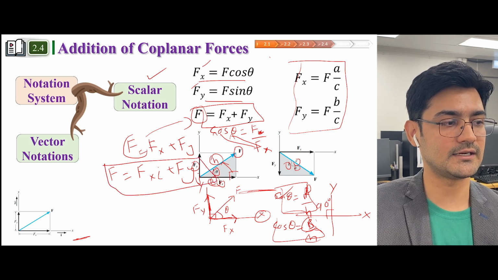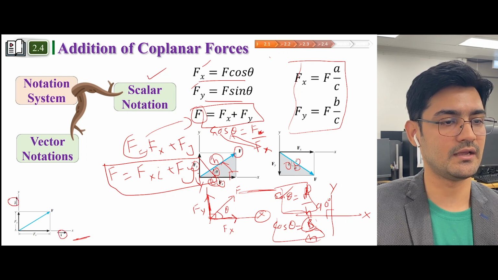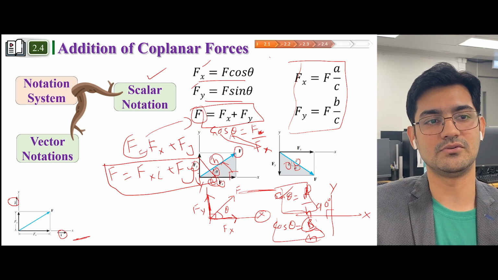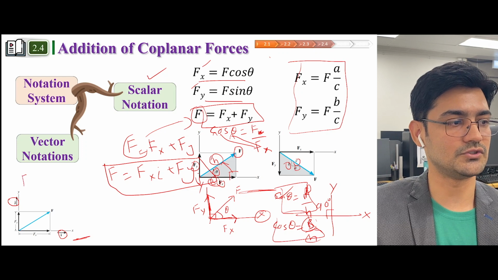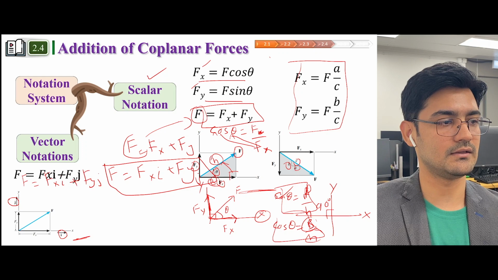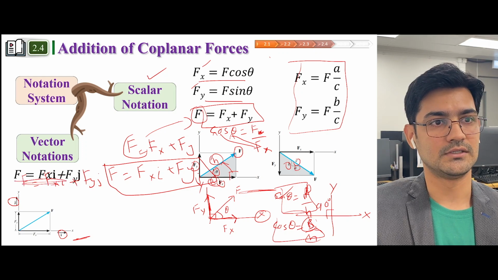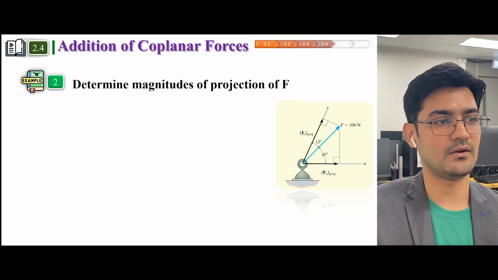So in vectors, the x-axis and y-axis are replaced by this notation i and j, and we're gonna understand these notations in much more detail later. But now I just have to show you that we can also represent the forces in terms of vector notations like this. Okay, so we can do one more example.